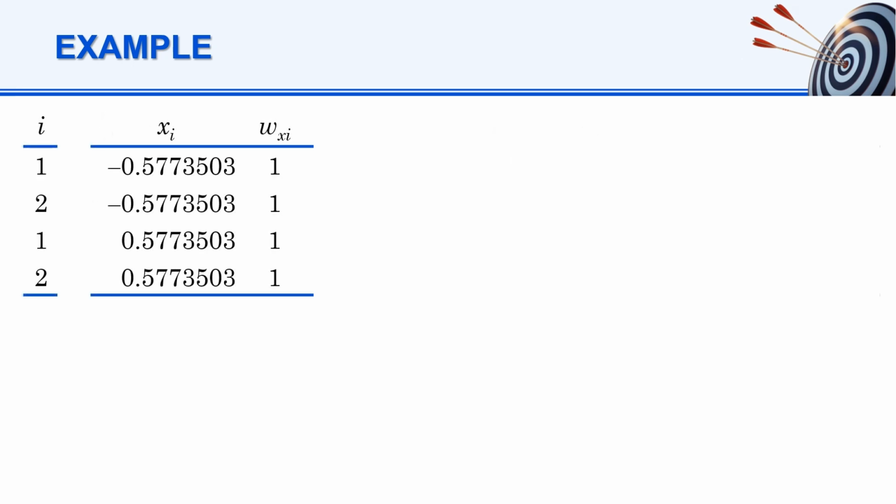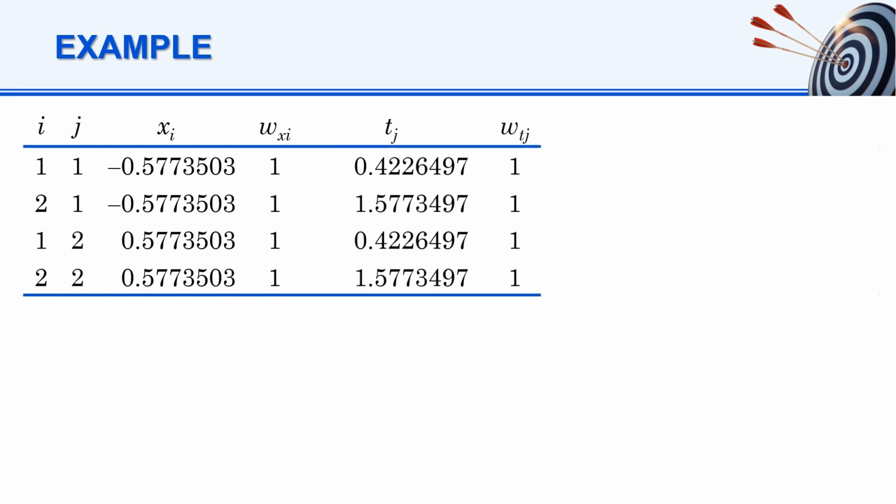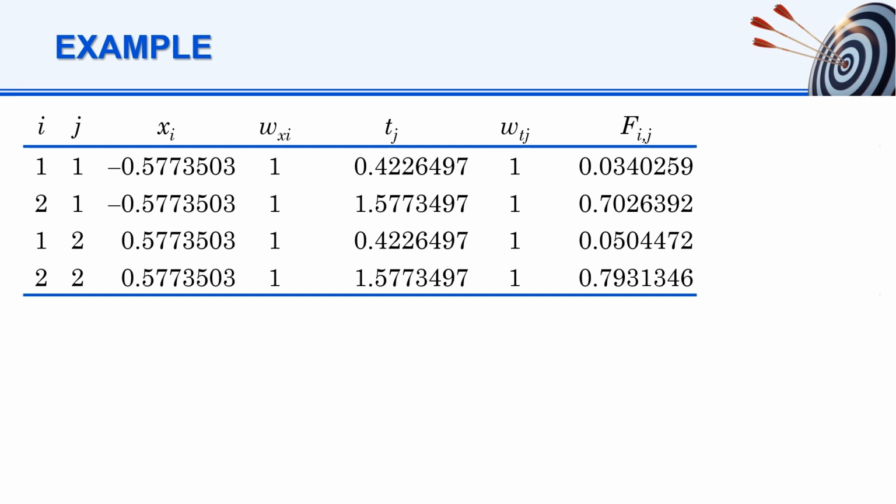The two-point Gauss-Legendre quadrature for the interval from -1 to +1 is tabulated in the third and fourth columns. The two-point Gauss-Legendre quadrature for the transformed interval from 0 to 2 is found and tabulated in the fifth and sixth columns. For each x_i and t_j, the function values f_ij are calculated and tabulated in the seventh column.